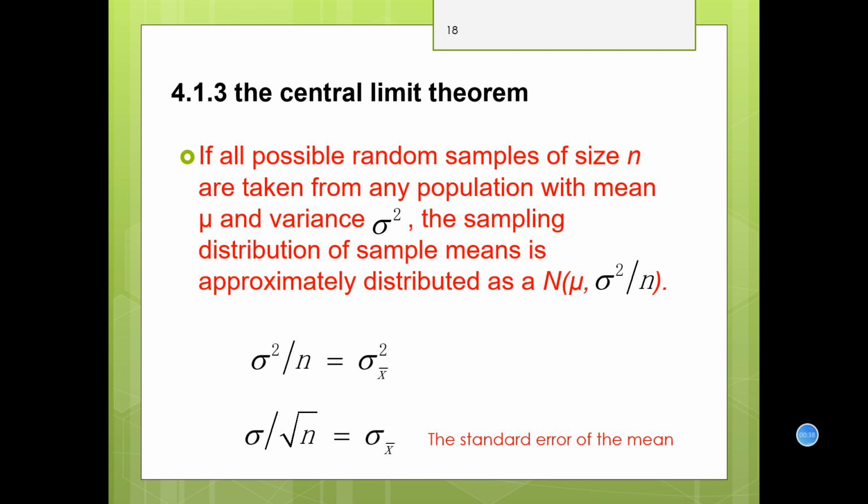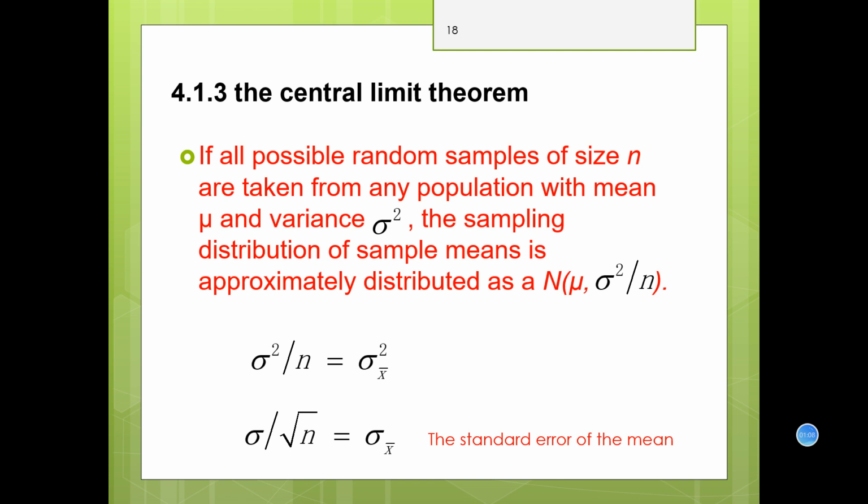We said that x bar is symmetric about mu, which is the population mean of the original data, and the standard deviation of x bar, we can call it the standard error of the mean, denoted by sigma x bar, and sigma x bar equals sigma over square root n.